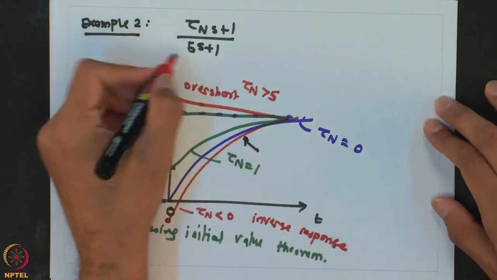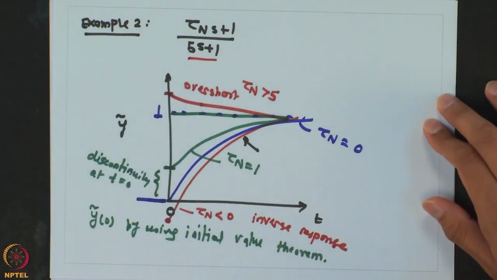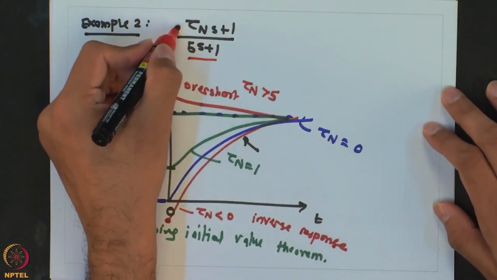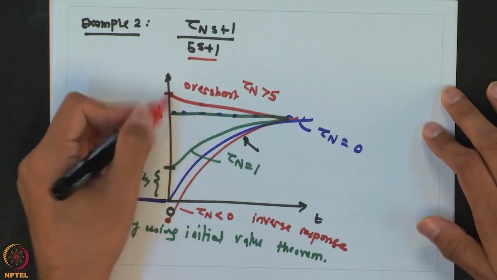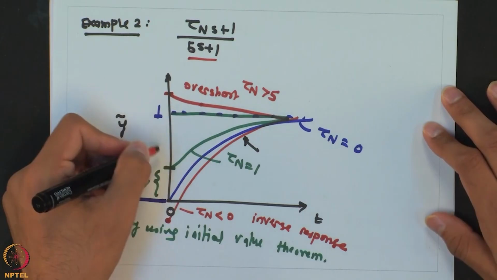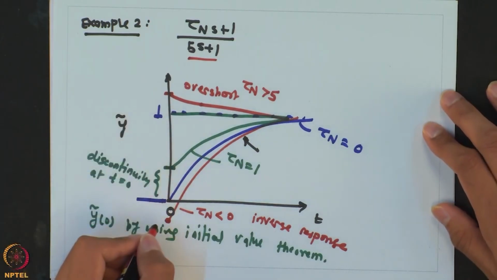So, again having the same dynamic mode, which is 5s plus 1 over 5s plus 1, by changing the numerator transfer function you get overshoot, some discontinuity at time t equal to 0, and then the inverse response as well.